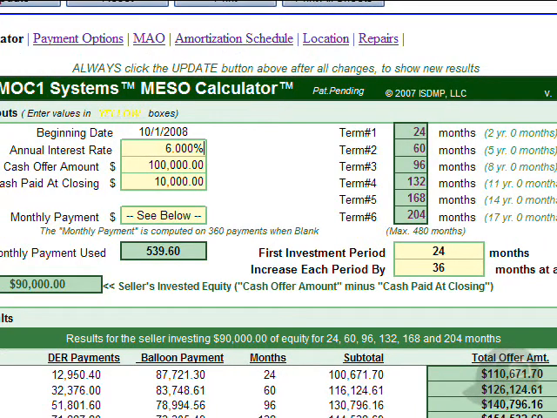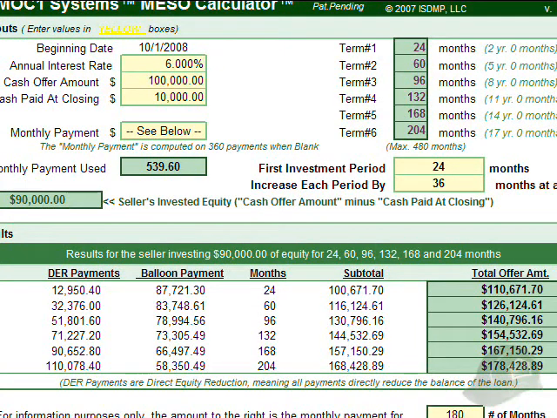We see here that the program calculated that if the seller is willing to let his equity, which is the $90,000 here, remain in the property for some period of time while we pay them $539.60 each month, which is the monthly payment based on 360 months or 30 years, then the periods which are here are used to compute what the seller would actually get overall.